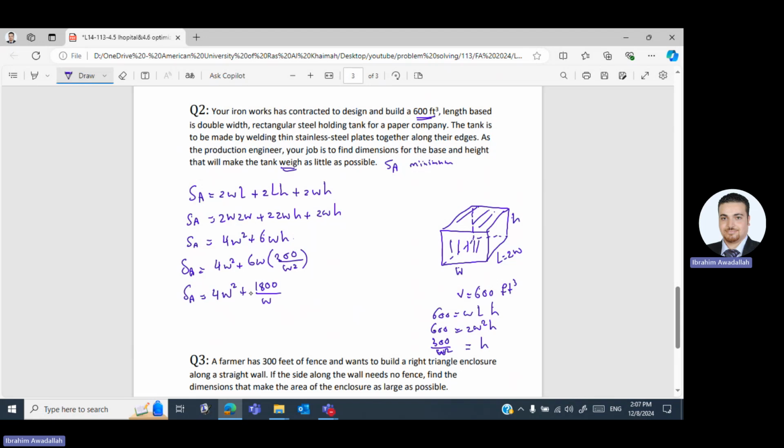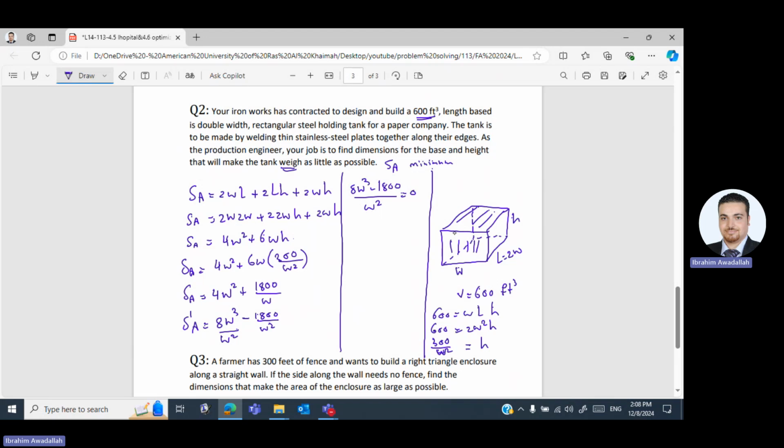Now I have only W, so S prime of A equals 8W minus 1,800 divided by W squared. So 8W cubed minus 1,800 divided by W squared equals 0 to find the critical point.